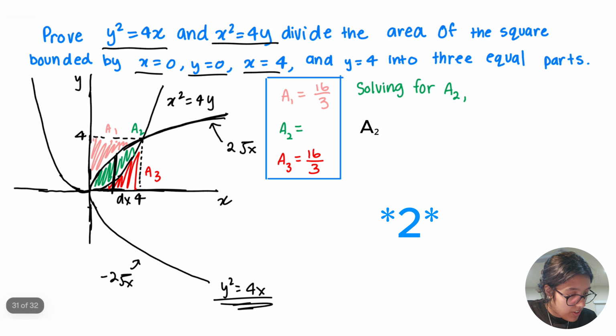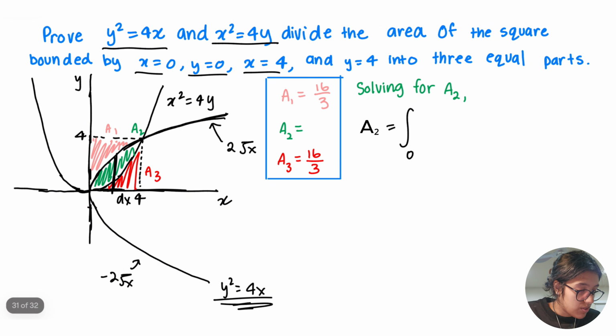So I'm going to have A2 equal to integration. Let's do our bounds first. We are going horizontal once again, so 0 to 4. And it's always the top function minus the bottom function. So top function we said was 2 root x, minus the bottom function, which is this part right over here. And that we said is x squared equals 4y.